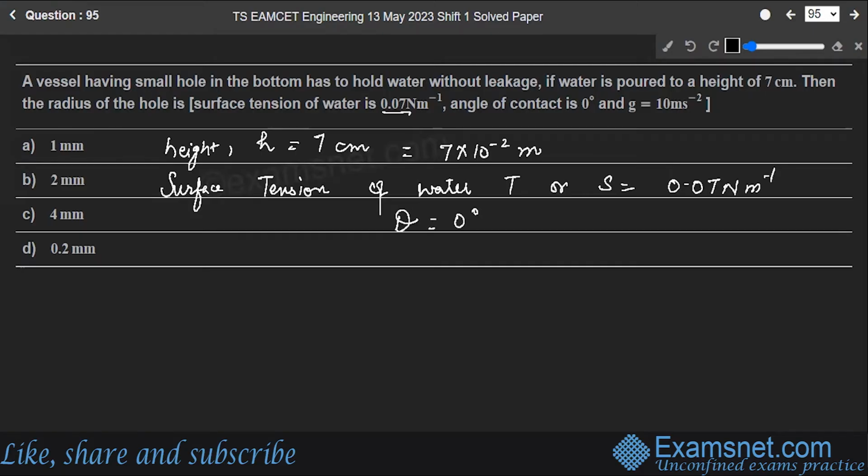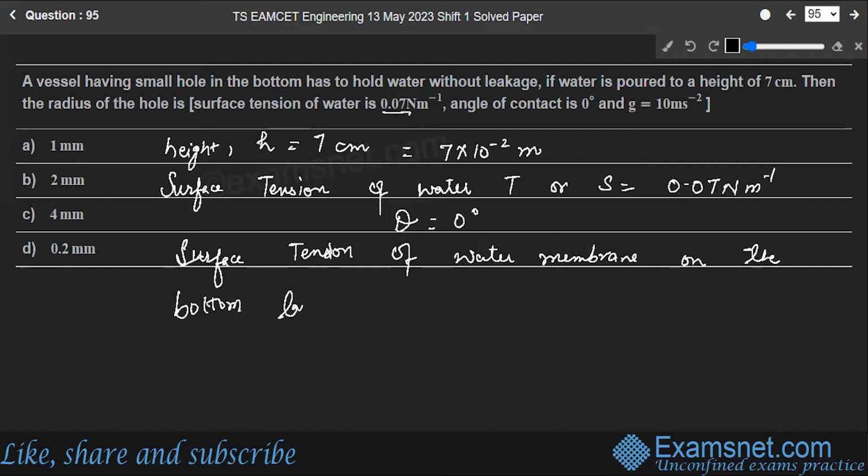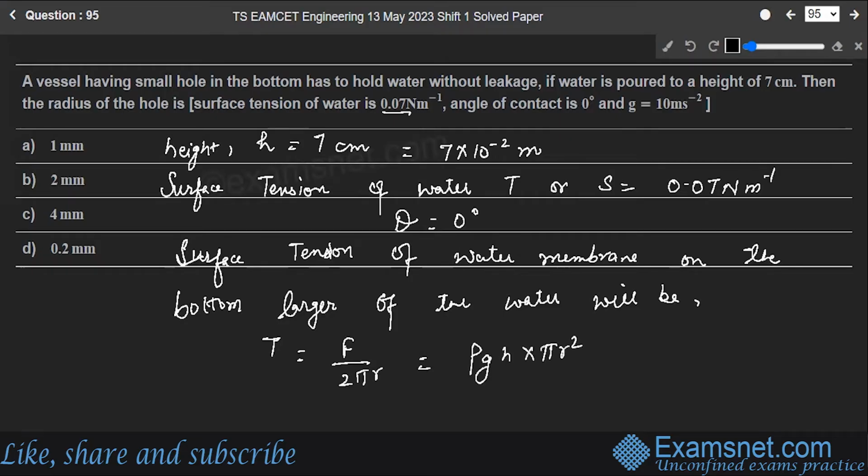So now surface tension of water membrane on the bottom layer of the water will be given by T is equal to F upon 2 pi R, or this is equal to rho g h into pi R square upon 2 pi R. This will give me rho g h r upon 2.